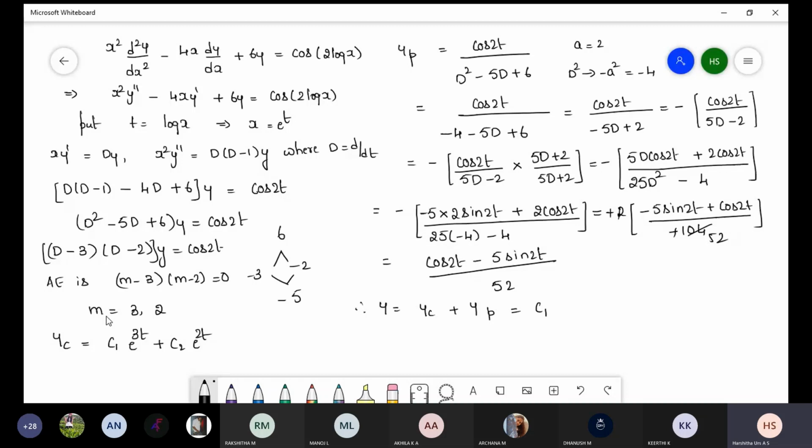C1 e power 3 log x is x cube, plus C2 e power 2 log x is x square, plus cos of 2 log x minus 5 sin of 2 log x divided by 52.